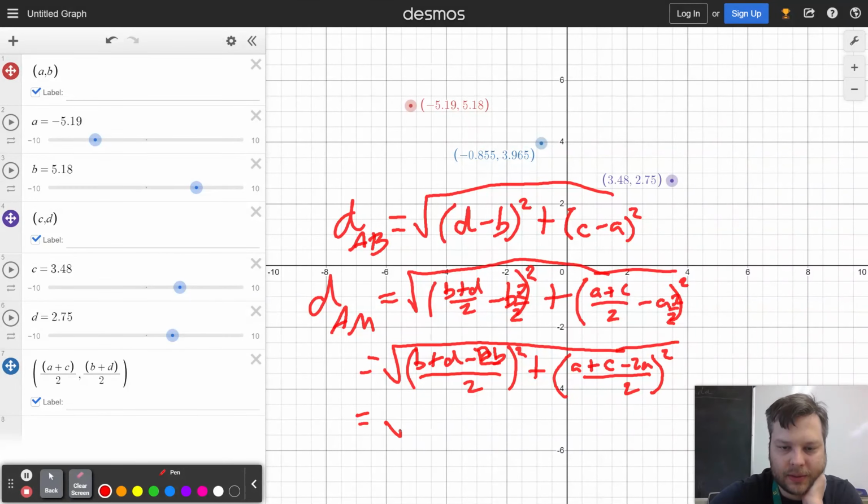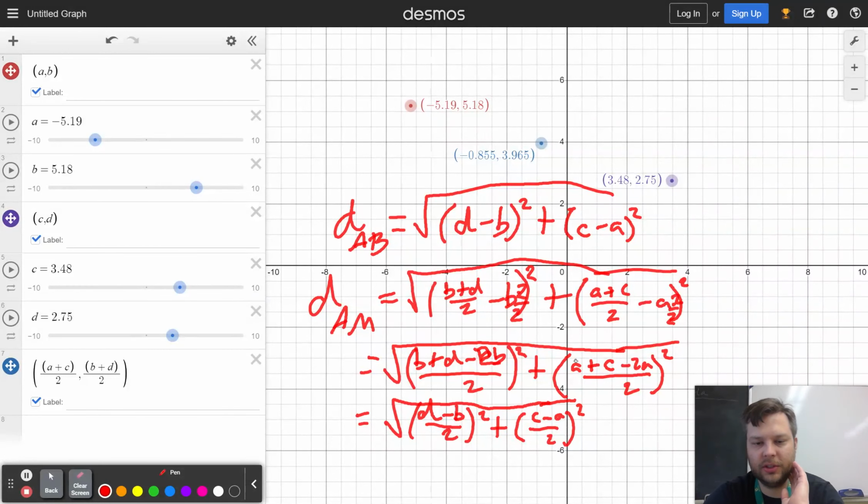Combine my like terms, and I have d minus b over 2 squared plus c minus a over 2 squared.